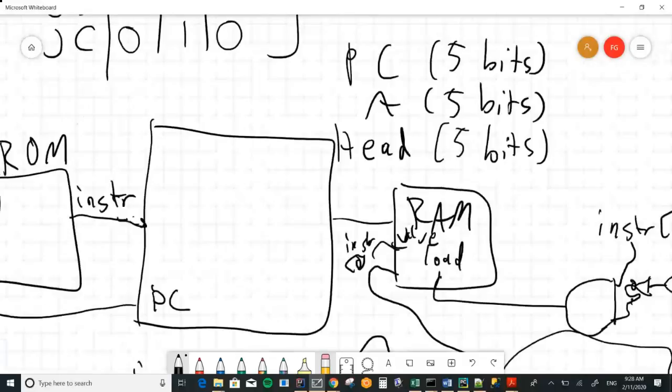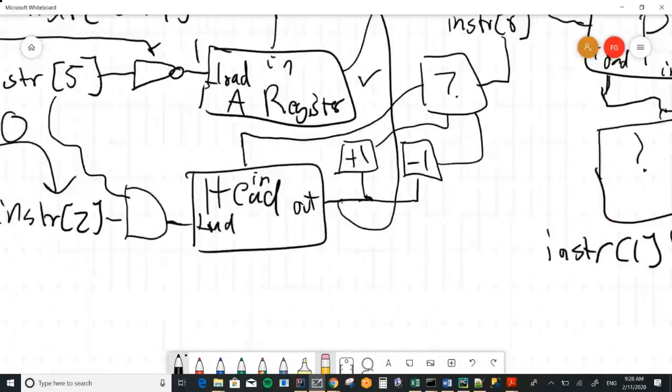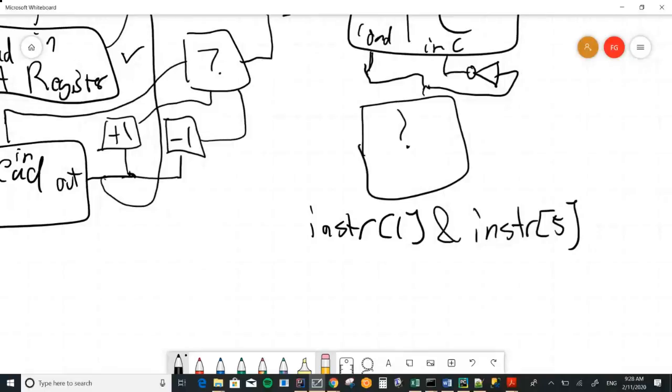So, what does that mean? In order to jump, instruction 1 has to be true. Instruction 5 has to be true. And now I have a choice. I could have instruction 0 and the output of RAM, since I've only got a 1-bit RAM, right?